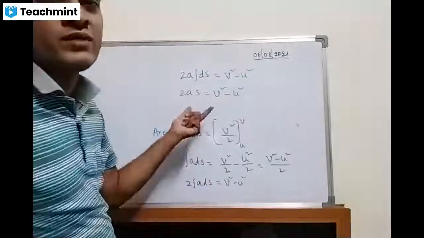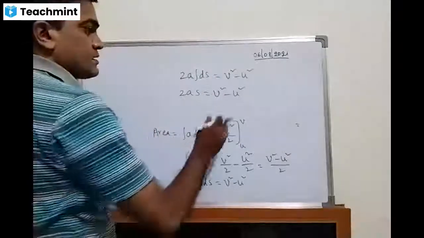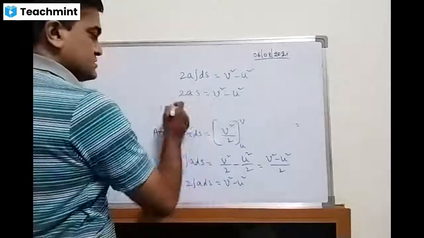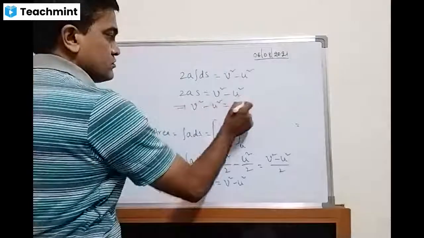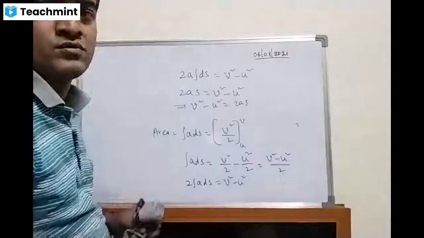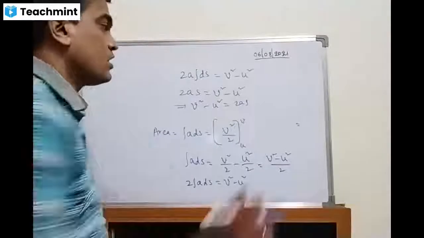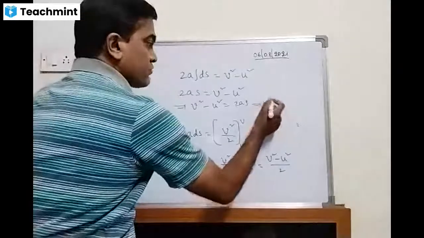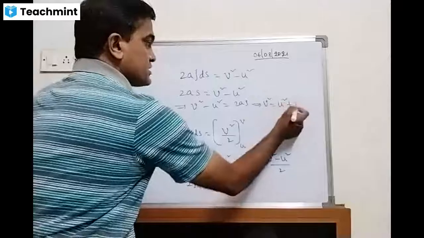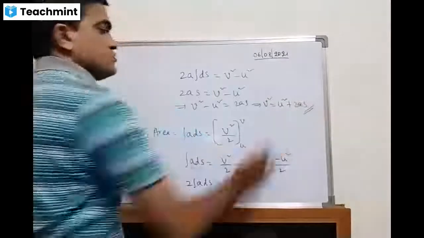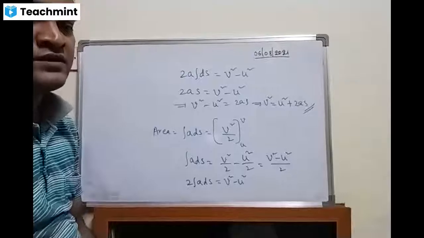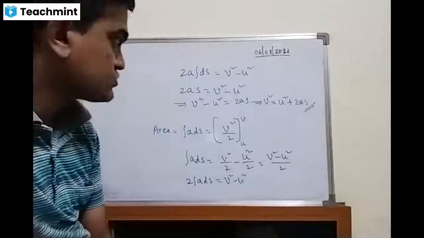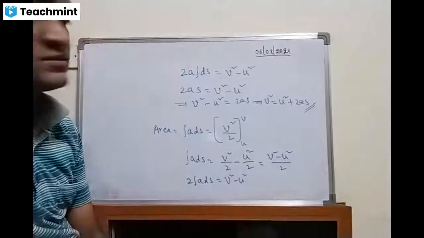Have you seen this formula anytime? Yes, sir. Kinematics: v square minus u square is equal to 2as, so v square is equal to u square plus 2as.